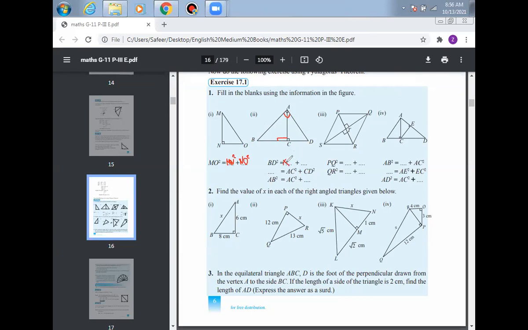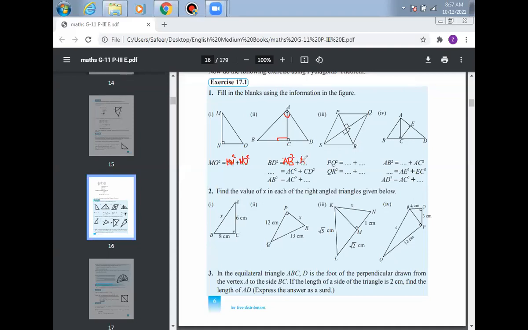So this one is AB squared plus the other side AD.